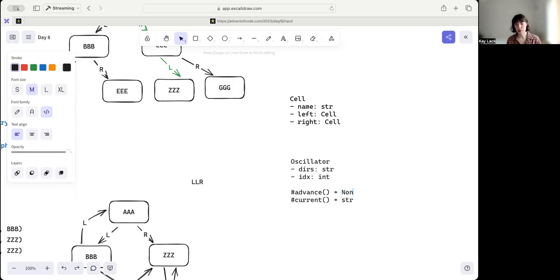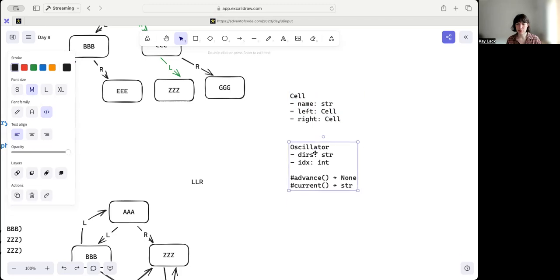Let's go with none. Let's make it stateful. And then we can have a follow, which takes a string. And the string is really just going to be L or R. I'm just trying to avoid having to have a special treatment for that. Oh, but actually, that won't work because it doesn't know about other cells. So actually, we need to move to a state.